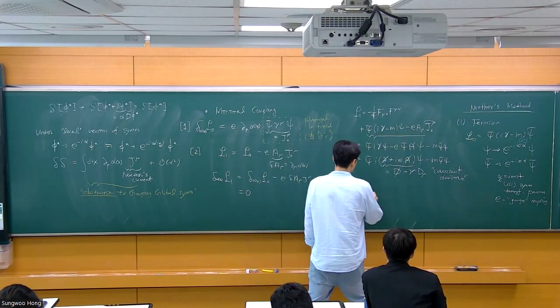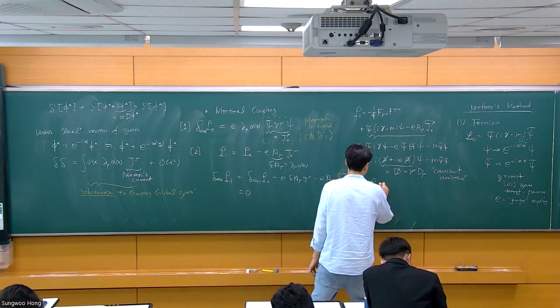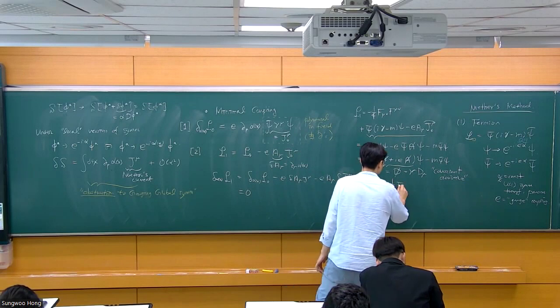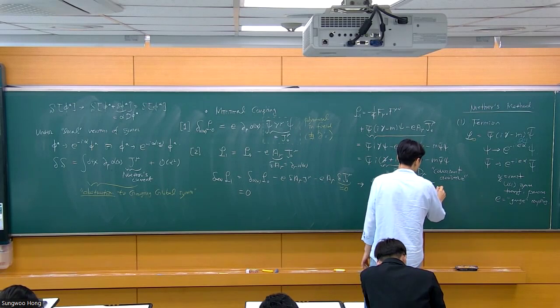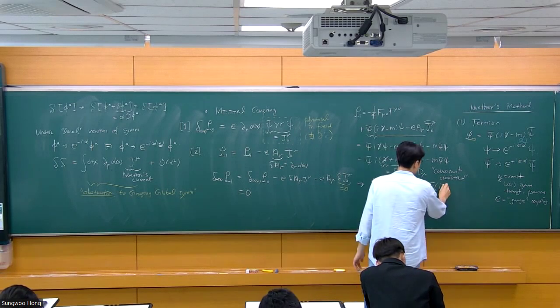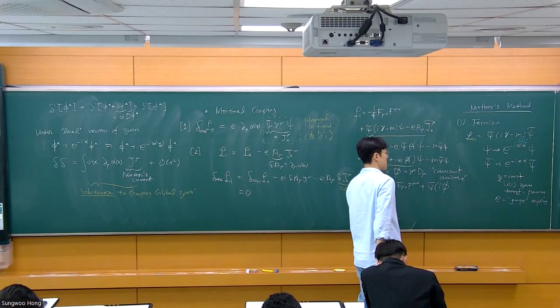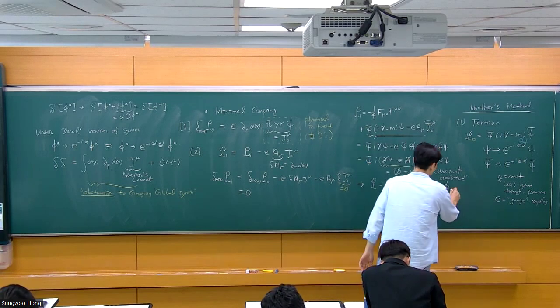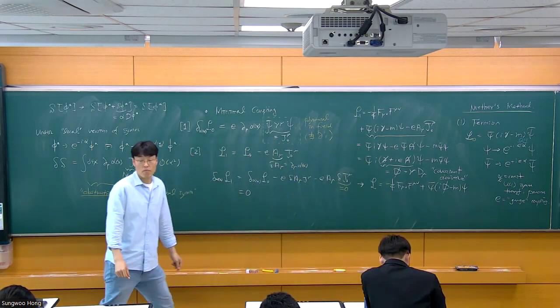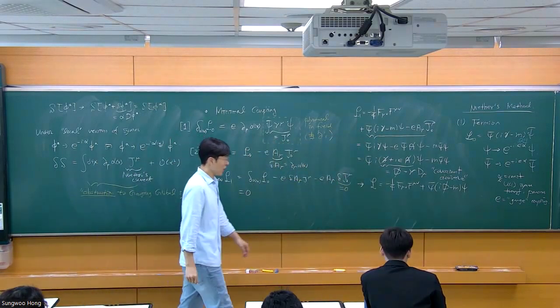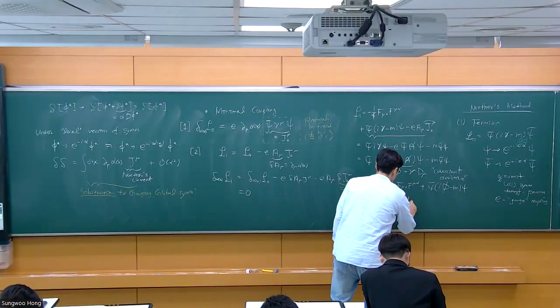So overall, my theory looks like the photon term, as we had, plus psi bar, and then almost the same as before, except the little partial derivative is replaced with the covariant derivative, like so. So this theory is now fully gauge invariant, U1 gauge invariant.